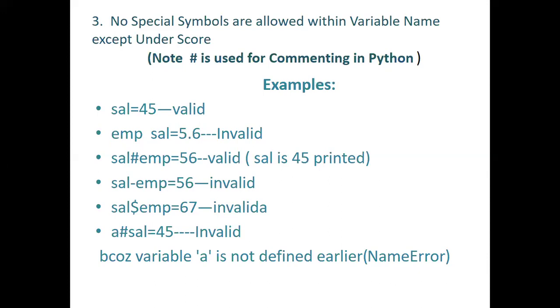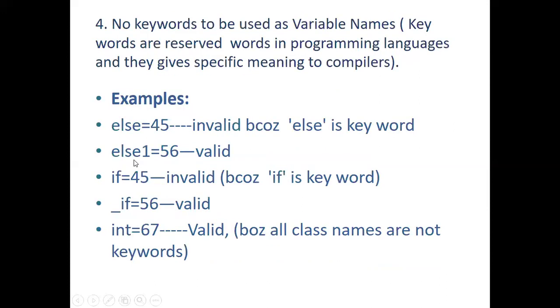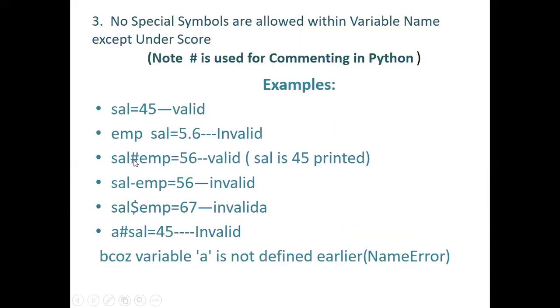But if we write sal#employee is equal to 56, it is valid, but sal will be printed as 45, because everything after the hash is treated as a comment. Sal-employee is equal to 56 is invalid again. So what I have told you is that underscore, alphabet, and digit are acceptable, and hash is used for commenting.